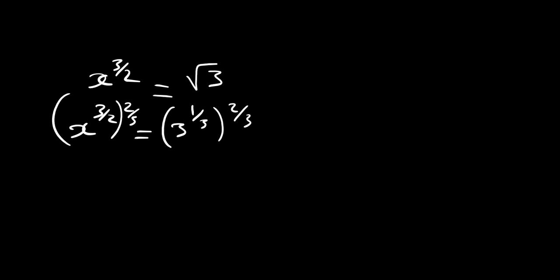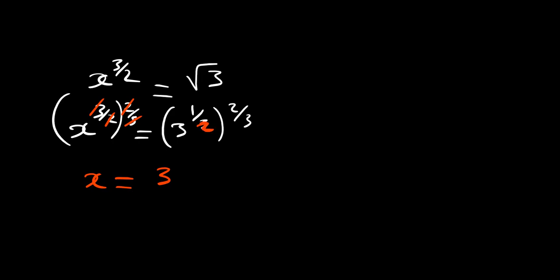Okay, so now what am I going to do? The 3 and the 3 are going to divide, the 2 and the 2 are going to divide. Therefore I'm just going to remain with x to the power 1, or x. Then when I come to the other side, what am I going to have? Actually, this is a square root, so I made a mistake. If it's a square root, I'm saying 1 over 2 here.